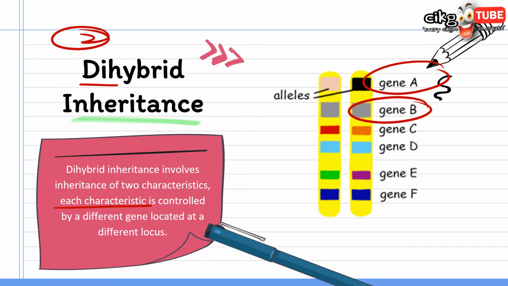For example, we talk about height, so it's either tall or short, or we talk about color of flower, so we have purple and also white. These are the characteristics that we are going to see. In monohybrid, you see only one characteristic, either height, but in dihybrid, you can see two characteristics, for example, height and also flower color.